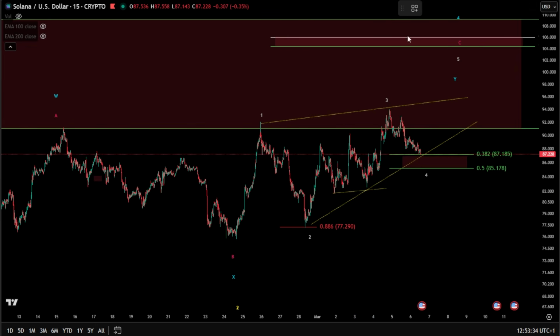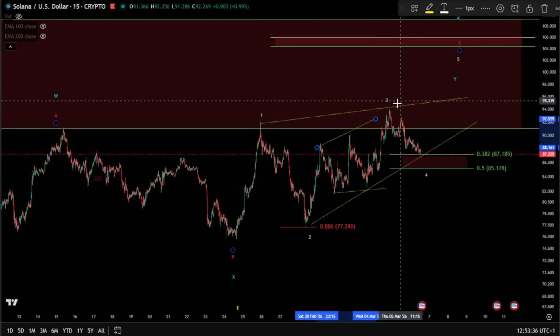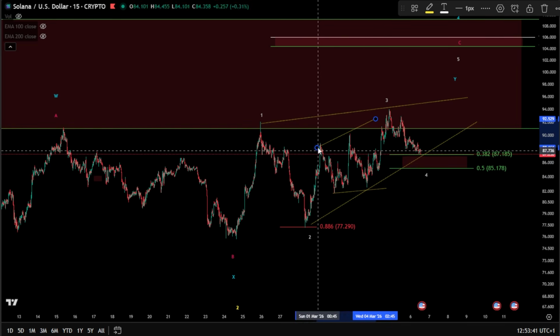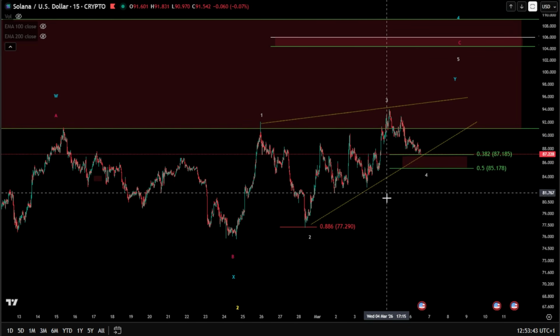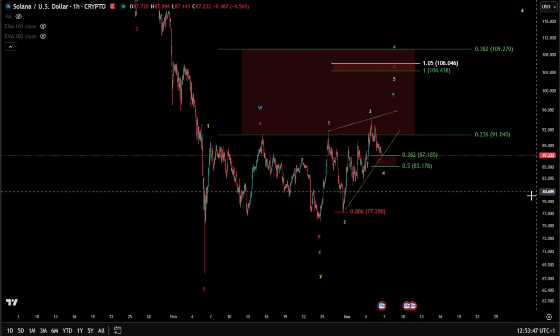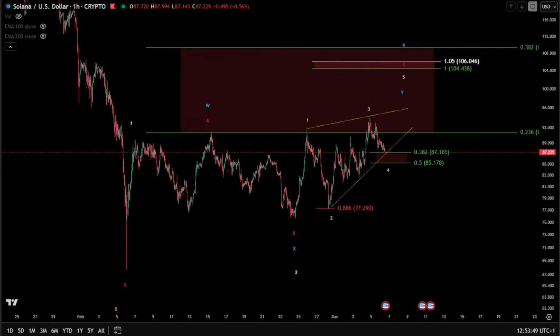So it looks like it opens up like this, and wave 5 is longer than wave 3, and wave 3 is shorter than wave 1, which is not allowed, by the way, in both case scenarios. So something is wrong within this wave. Definitely, I'm still looking for higher somewhere in this box.